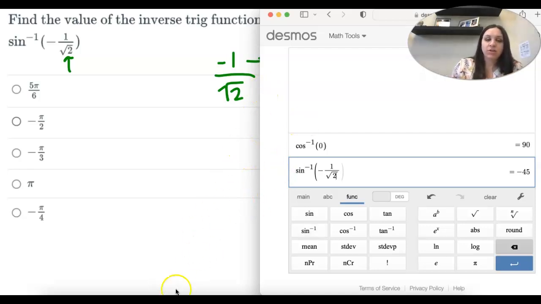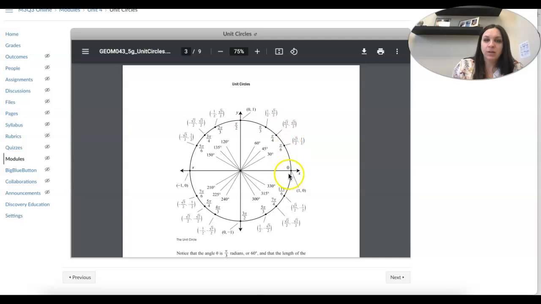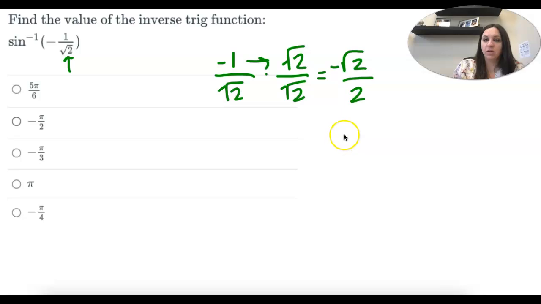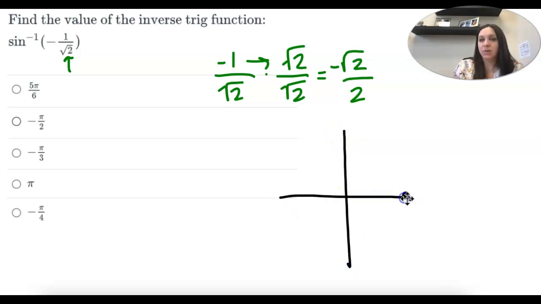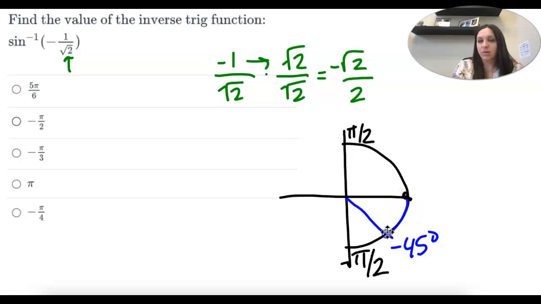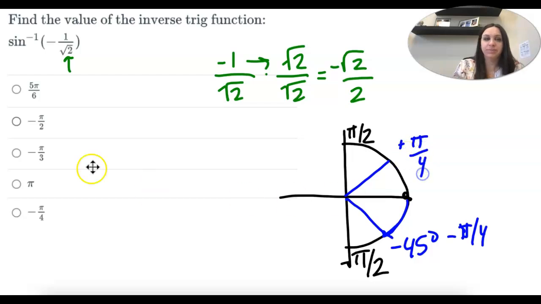Or you can go to the unit circle and come down here. It's actually going down 45 degrees because this one has so much domain in it. When we look at domain of sine, we go up pi halves, down pi halves. So this would be negative 45 degrees because we're going down 45 degrees. So that would actually be negative pi fourths because this is positive pi fourths.